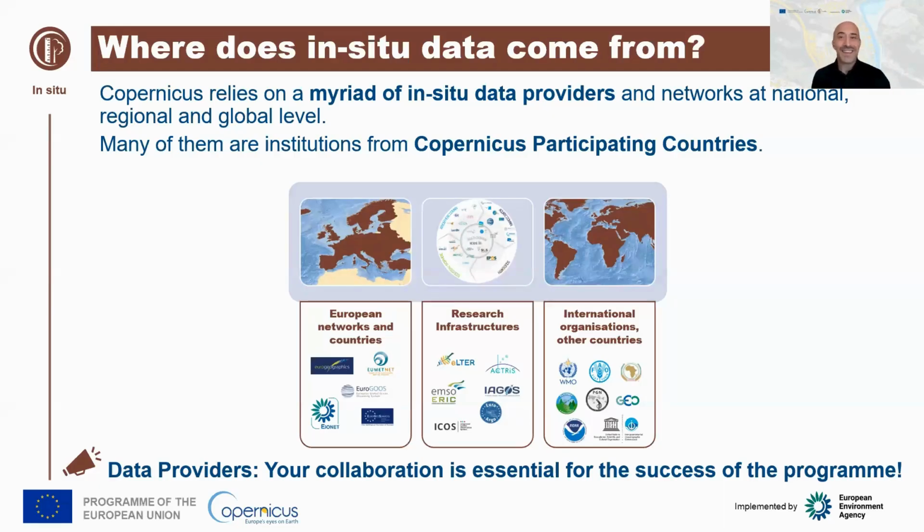And it's not only one-directional, by providing geospatial data from your country or from your region. We actually ensure that the product over your region is more accurate and more precise, and it can benefit you as well as a potential user in the future. Next slide.